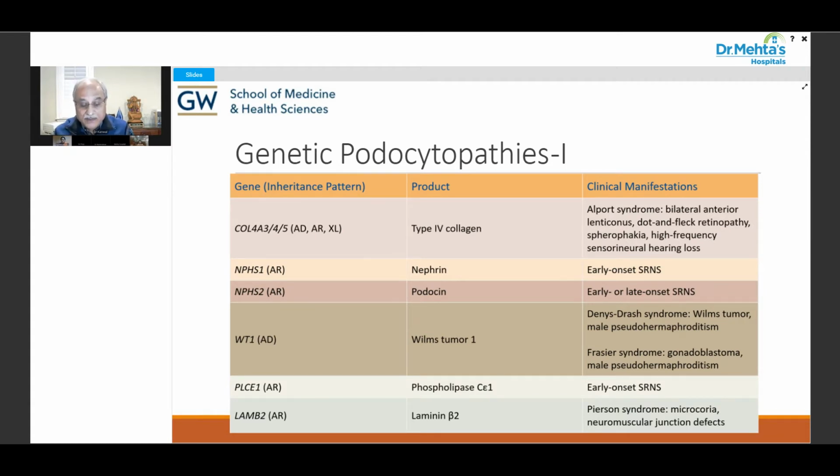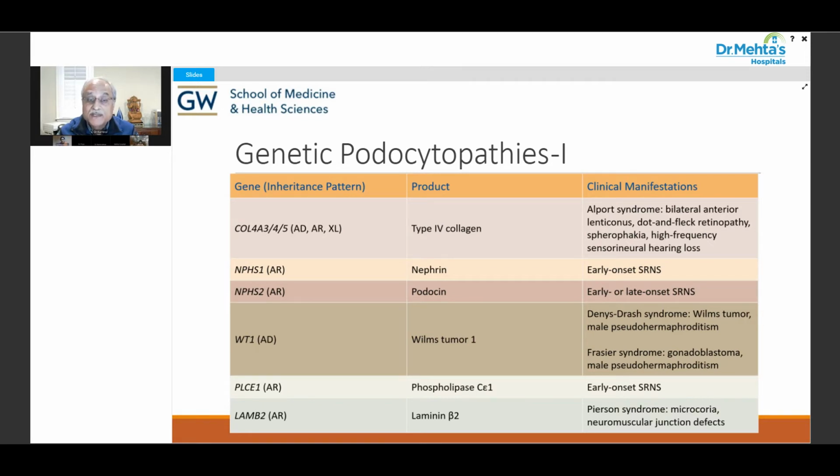One of the data sets that Hildebrandt and his colleagues looked at on a worldwide basis, in their group of patients, nephrin was the dominant, followed by podocin, third was Wilms tumor 1, and then PLCE1 deficiency, and LAMP2 was the last of those.